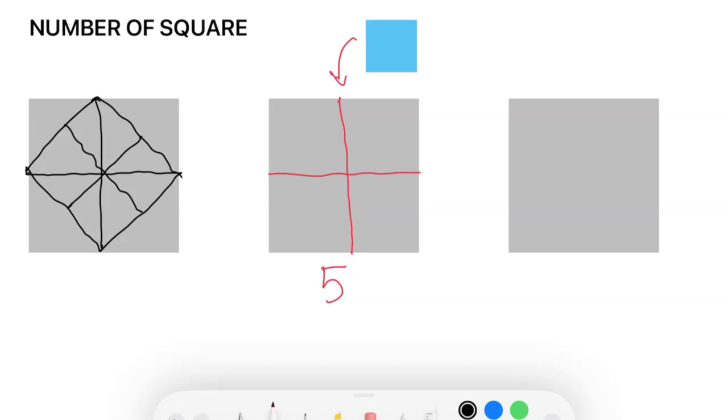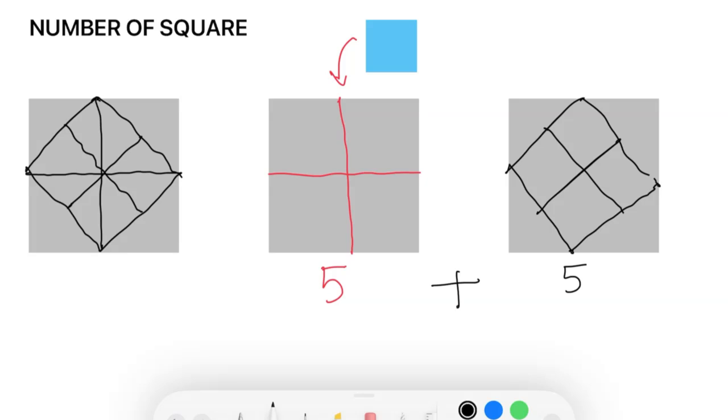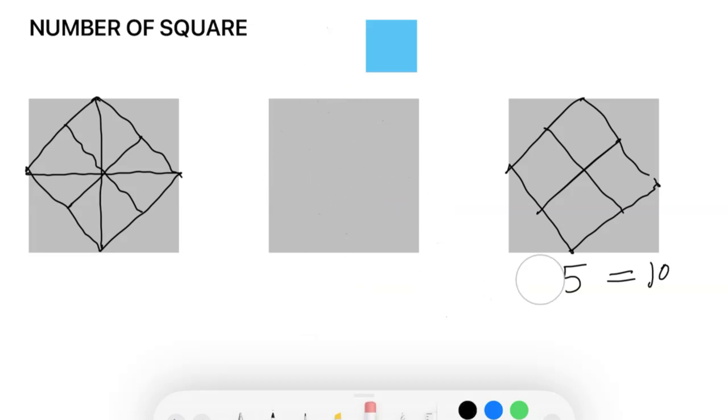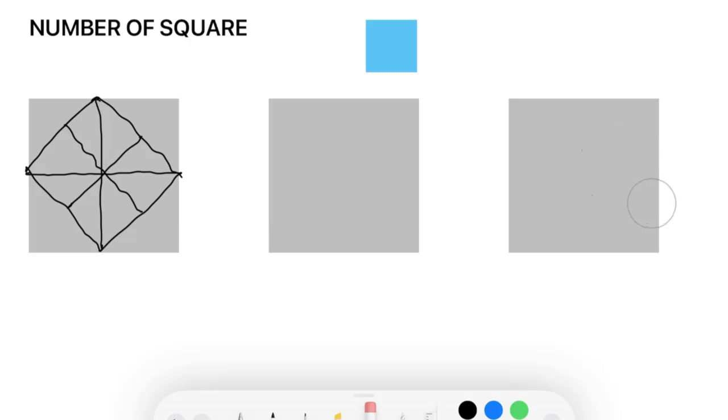Let's see what the other figure is. The other figure is nothing but a diagonal square within a square, which again has divisions. So this overall is also 5. Therefore, the answer to the problem is 10. There are 2 layers in it, so we just need to separate the layers. We need to figure it out as if it is imposed on the other figure.